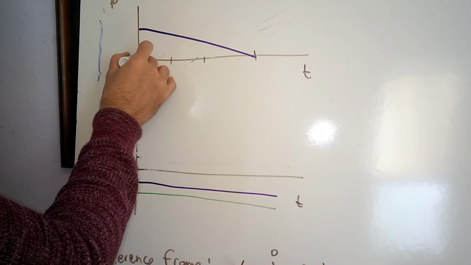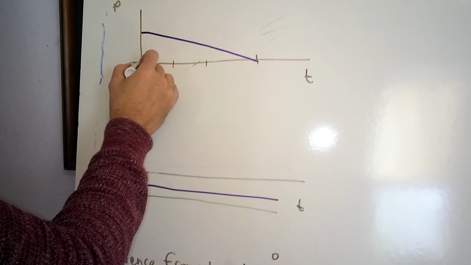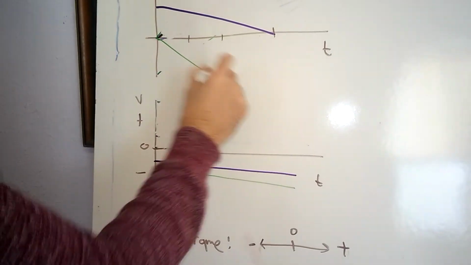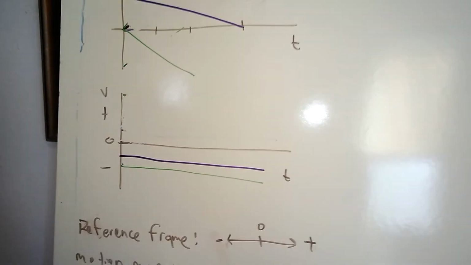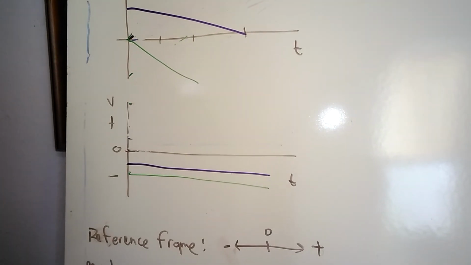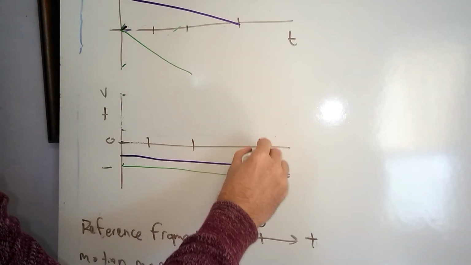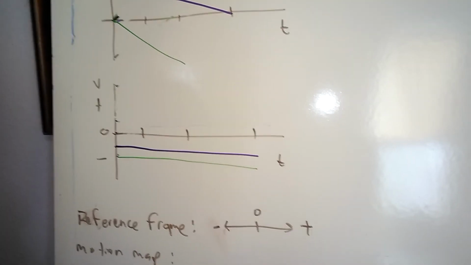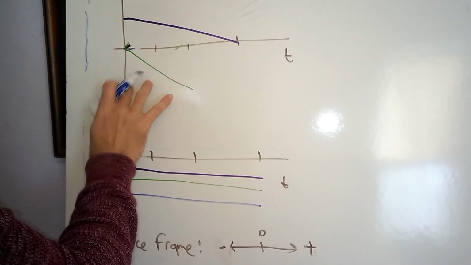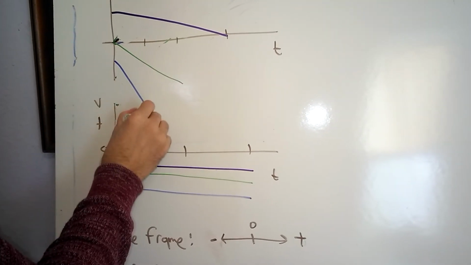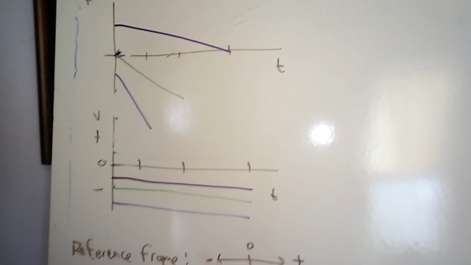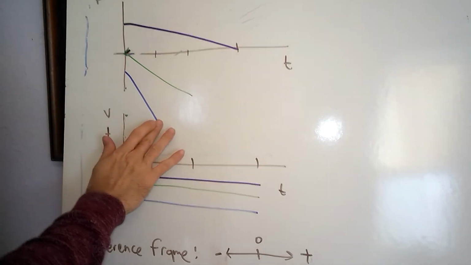But I'm going to intentionally start it somewhere, I'm going to start it from 0 and go down so that we can look at how the motion map would look different. And then finally, the fastest would have an even steeper slope. Let's do this one up here.